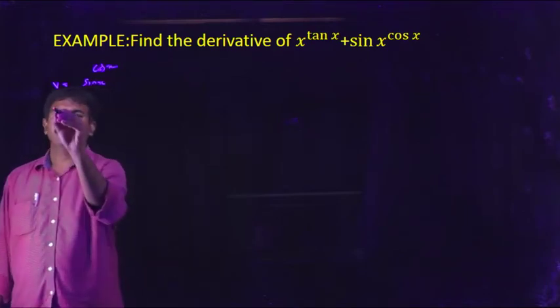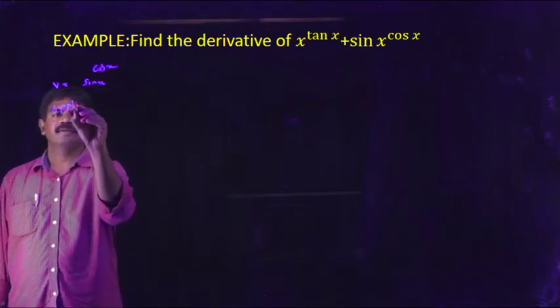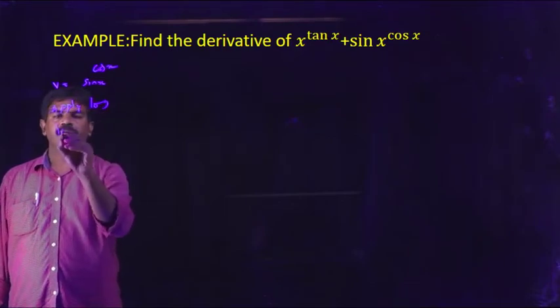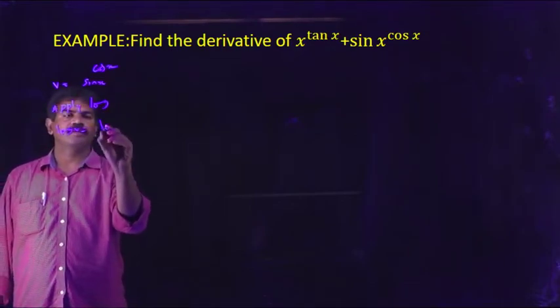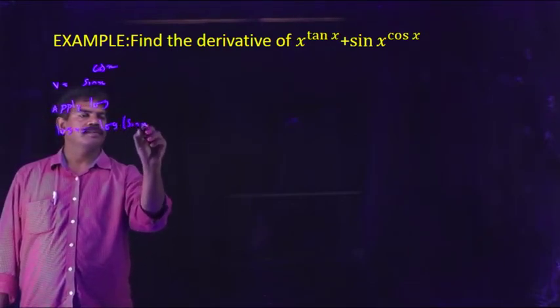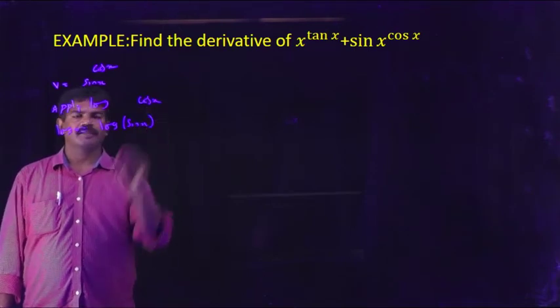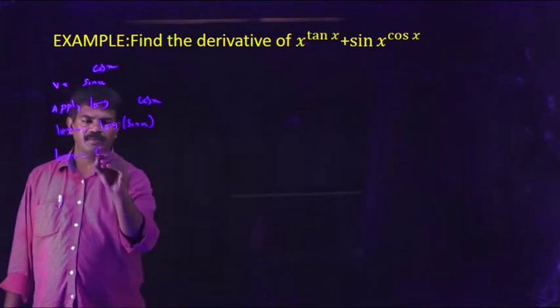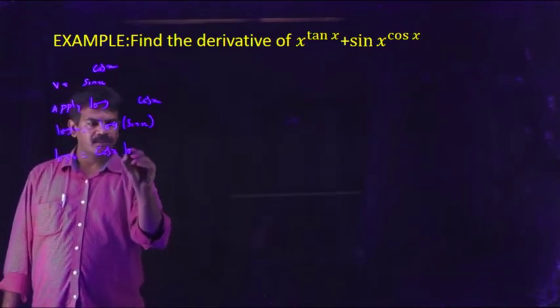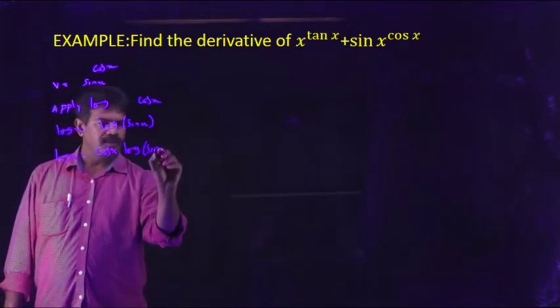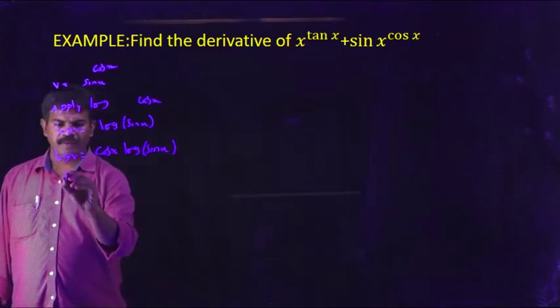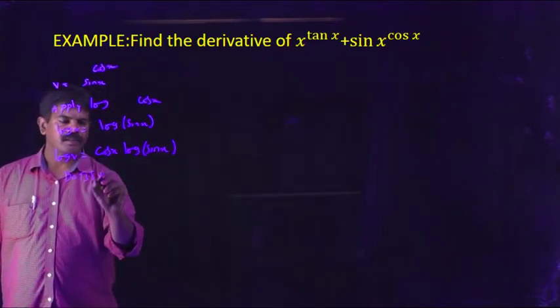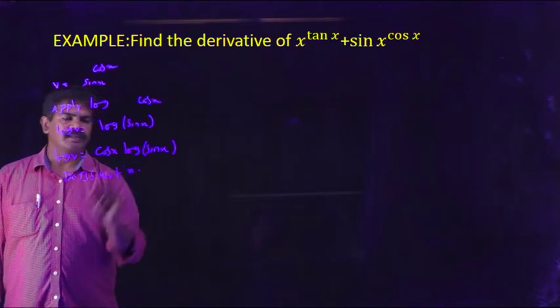So apply log. Log v is equal to log of sin x power cos x. That is log v is equal to cos x into log of sin x. Differentiating on both sides with respect to x.